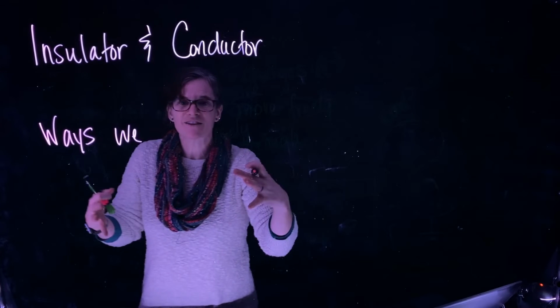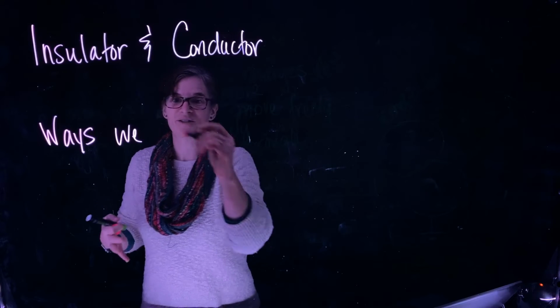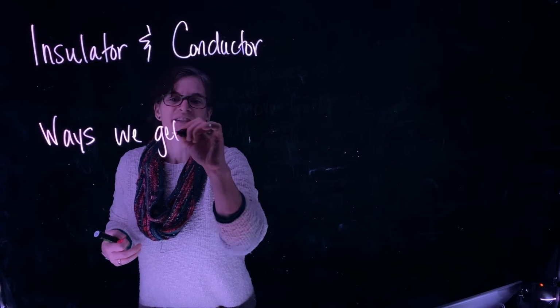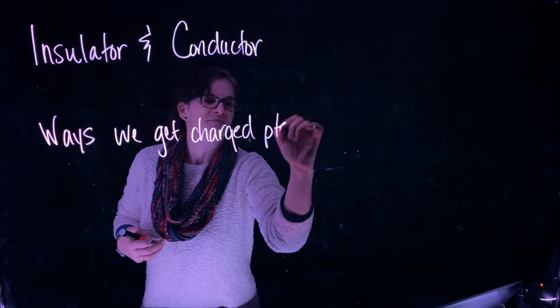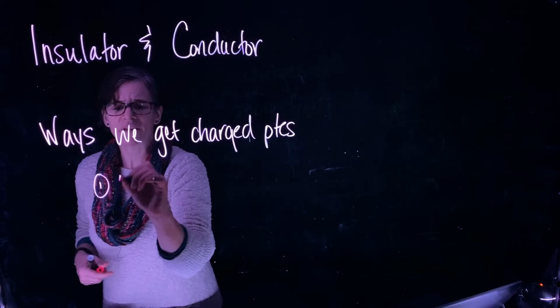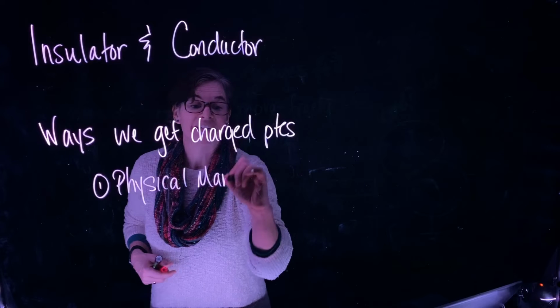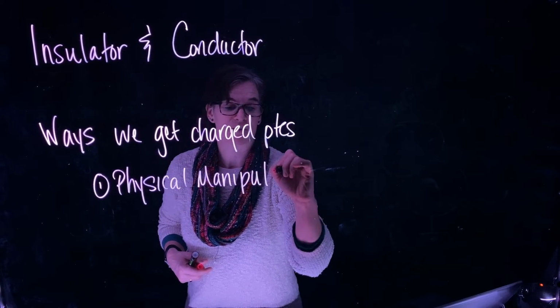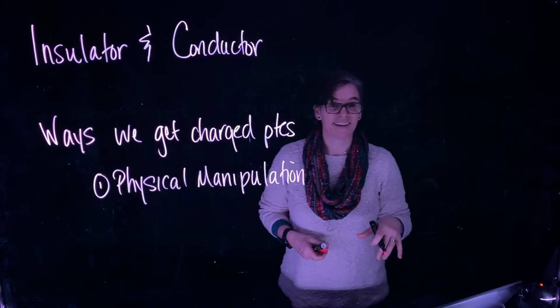That physical ripping of electrons off of one surface onto another is our first one we're going to talk about. Charged particles or charged objects. We call that physical manipulation. We're literally ripping electrons from one surface and plopping them on another surface.